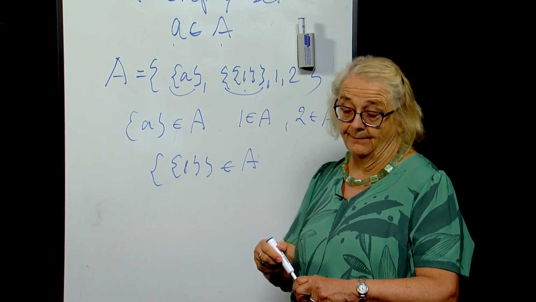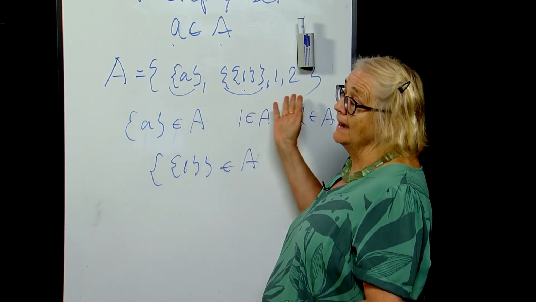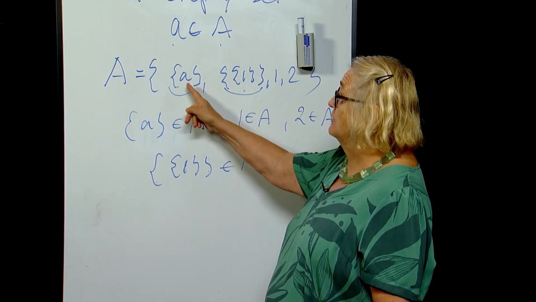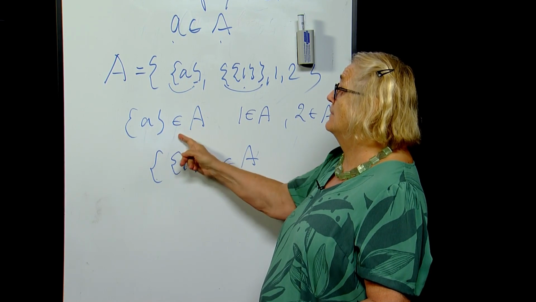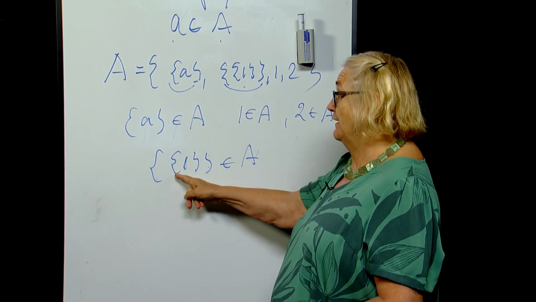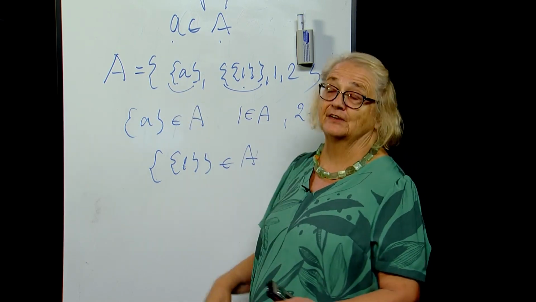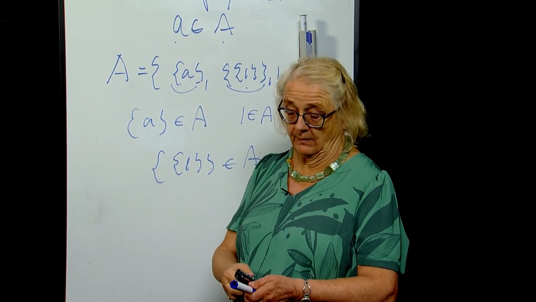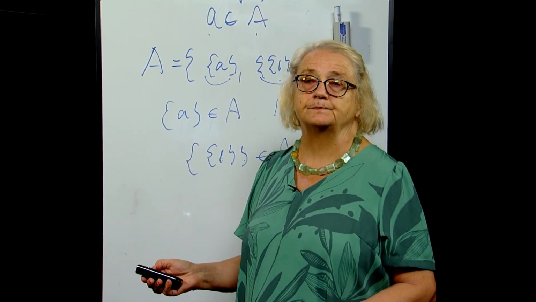So this example shows you that, first of all, for finite sets we can list the elements, and that means that the sets can be elements of other sets. Here this set is an element of one set, and this set is an element of the set A, so the things are a little bit more complicated.